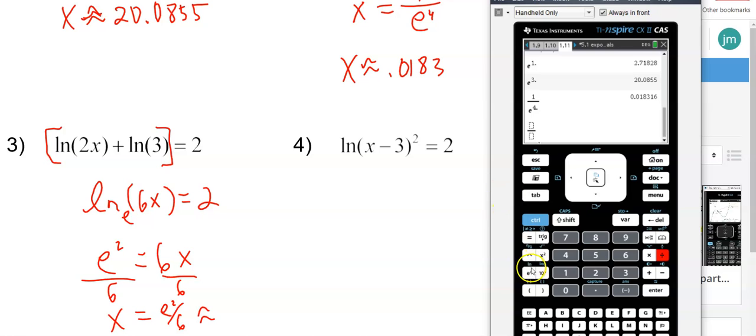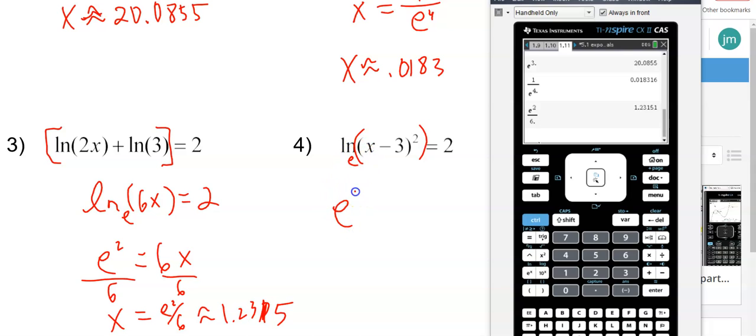So e squared divided by 6. Put a decimal point so I get a decimal, which is about 1.2315. And this should technically be in parentheses there. Okay, so I'm going to put the e there so I see it.